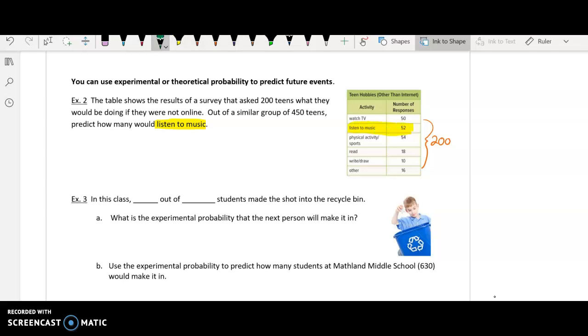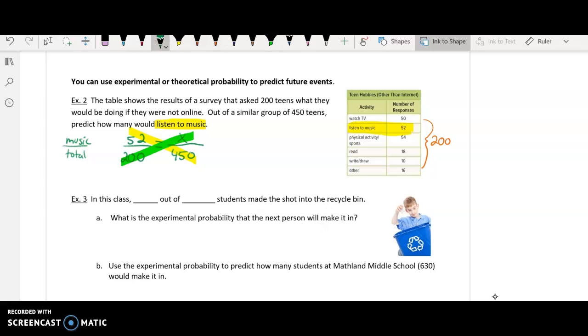So 52 out of the 200 teens surveyed chose to listen to music. So this was music out of total. And we can set up a proportion. We're wondering, out of a total of 450 teens, how many would choose music? So here's my proportion, and now we have to keep going and solve it using our cross product property.